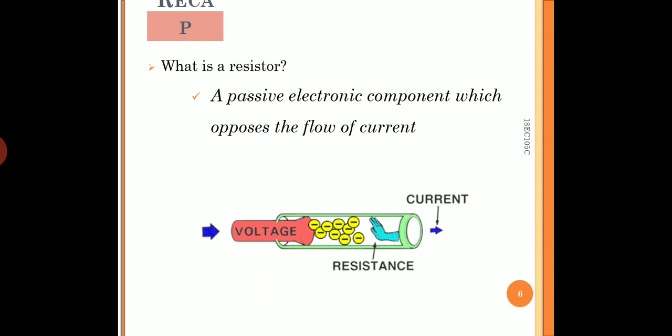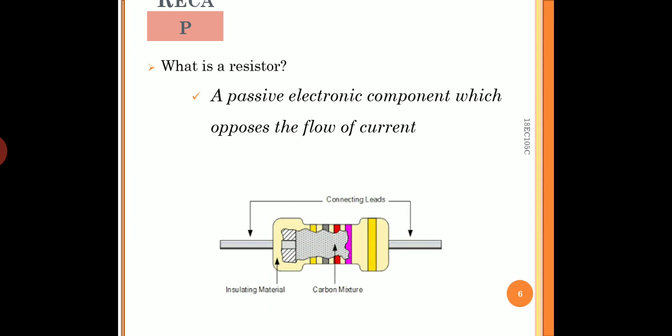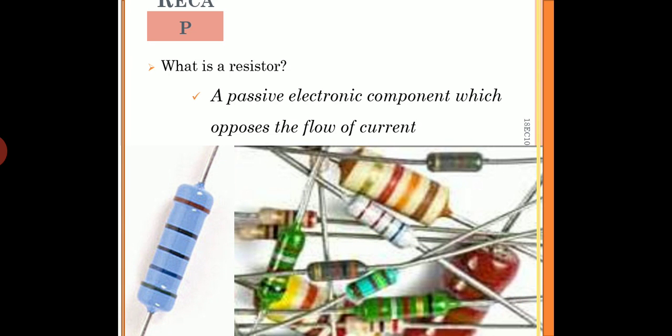This is the property exhibiting the resistance, and it has to be replaced with an electronic component. So it is this. This is a type of resistor which shows off the property of resistance. Here you can see the resistors. These are different types of resistors that are available in the market, I should say.